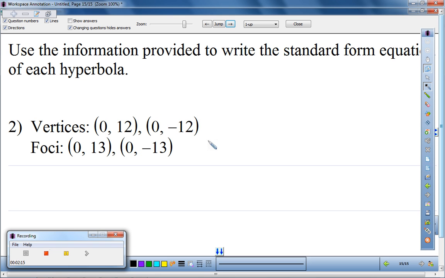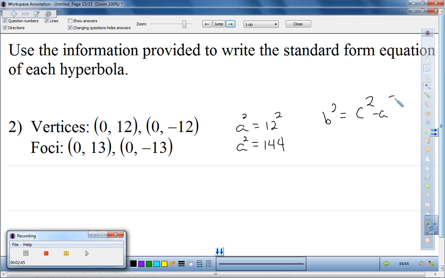Alright, with this one, same type of problem. But a here is equal to 12, so a squared is going to be equal to 144. Now we have to come up with b squared, because in our equation we have to have both a squared and b squared to come up with the equation of that hyperbola. So again we use the fact that b squared is equal to c squared minus a squared.